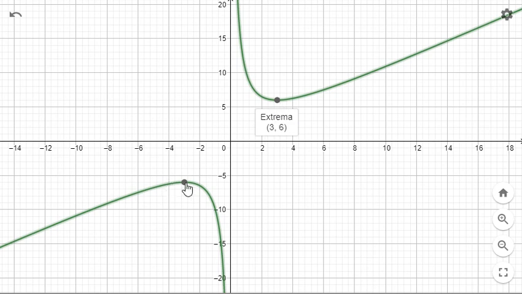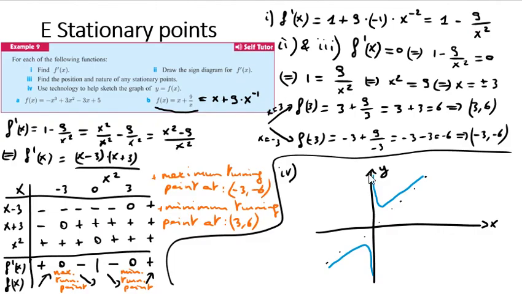And the maximum turning point has coordinates -3, -6. We just have to sketch this graph. When we sketch it, it will look like this. Okay, and we have here the minimum turning point, and here we have the maximum turning point. Okay, that's it.